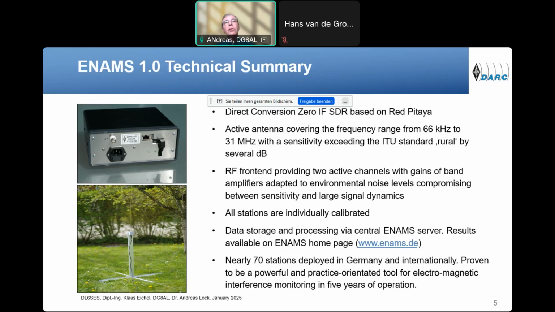So therefore we show the diagrams of the previous and the last 10 days, heat maps, spectra, and other diagrams. So currently nearly 70 stations are deployed in Germany and internationally. And I think ENAMS has proven in the last years to be a practice-oriented tool for the monitoring of electromagnetic interference.